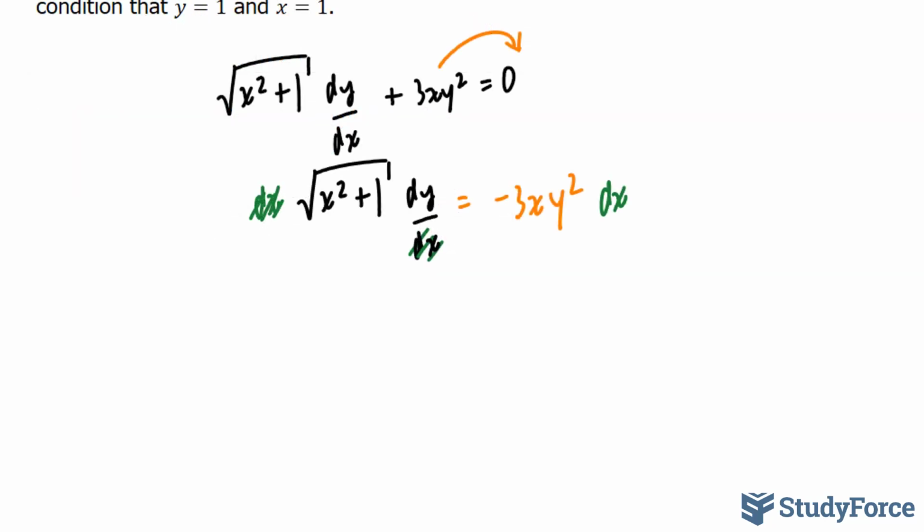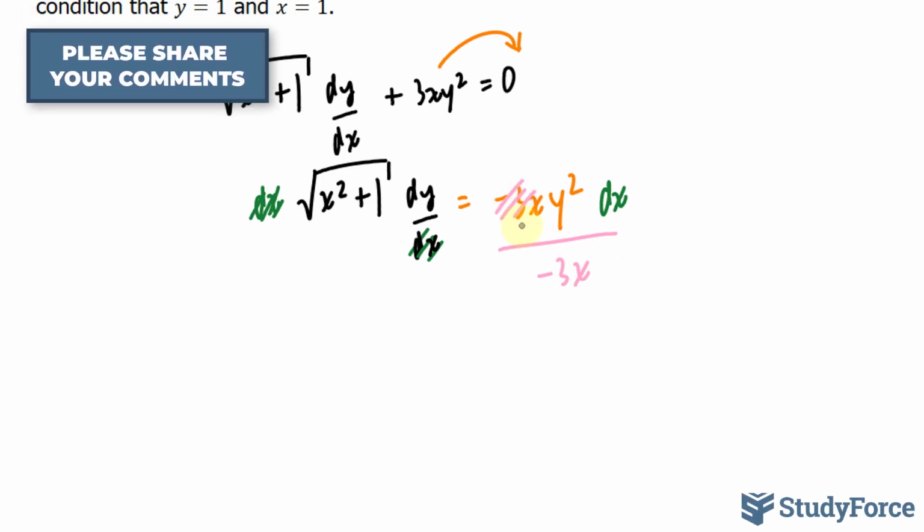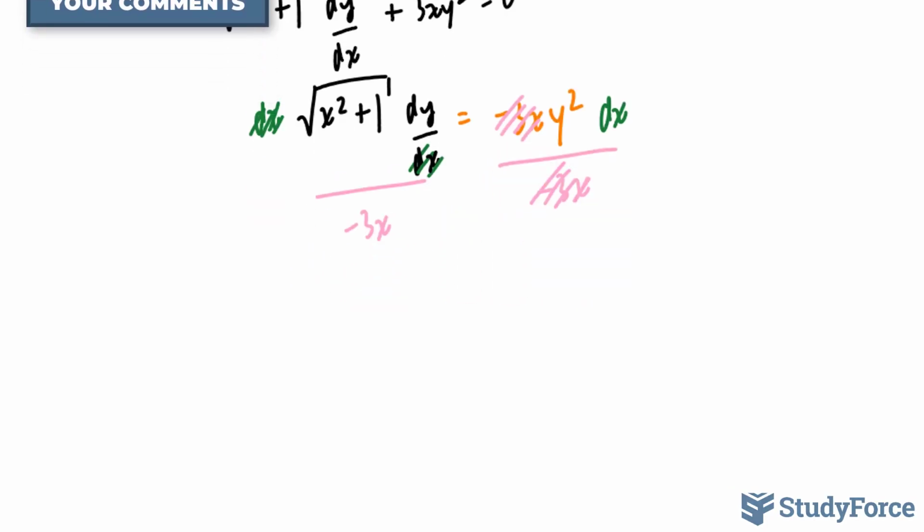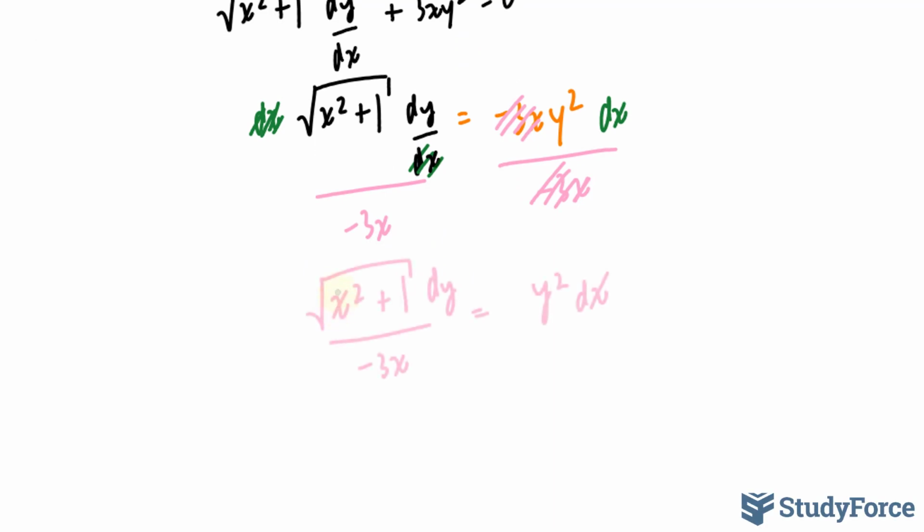What I want to do next is divide the right side by negative 3x. What I really want to do here is make the right side exclusively in terms of y. This will cancel out with this term, and on the left side, giving us the following, and I'll show you a cleaned up version of this equation, and there it is.